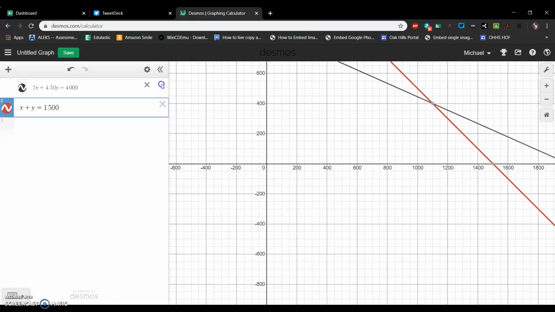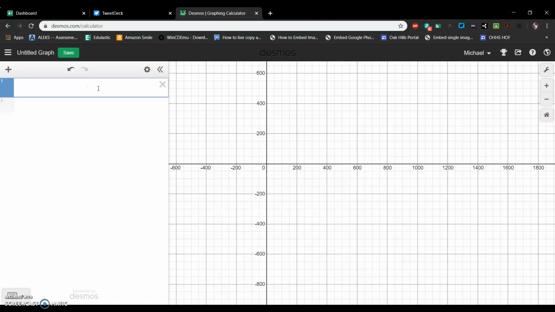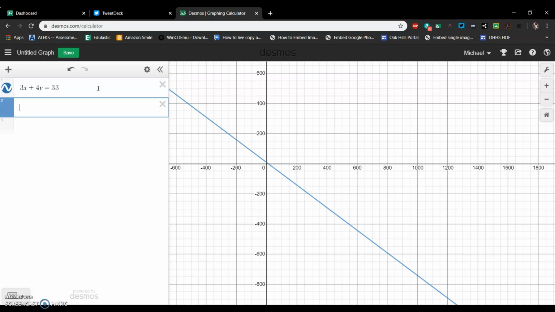So if we come back to Desmos now, my first equation is 3x plus 4y, so here I've got flour, flour, and flour. My next equation is all about the sugar. 2 cups of sugar for the cookies, so that's 2x, plus 3 cups of sugar for the brownies, so that's 3y. And I've got 24 cups of sugar total.